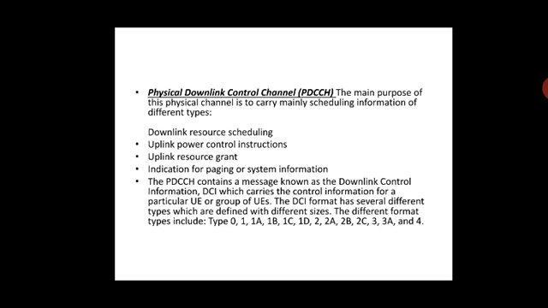Now, the next channel we can see is PDCCH, the physical downlink control channel. The main purpose of this physical channel is to carry scheduling information of different types: downlink resource scheduling, uplink power control instructions, uplink resource grant, and indication for paging or system information.